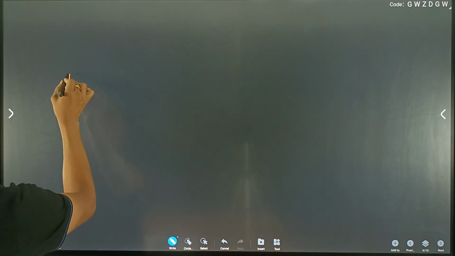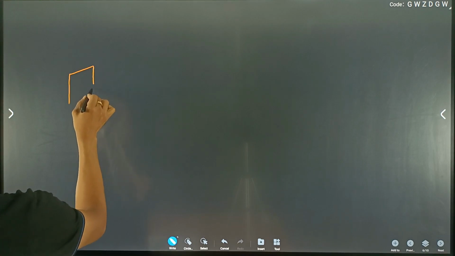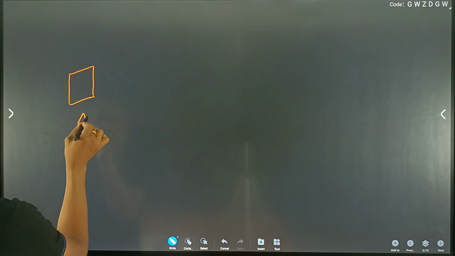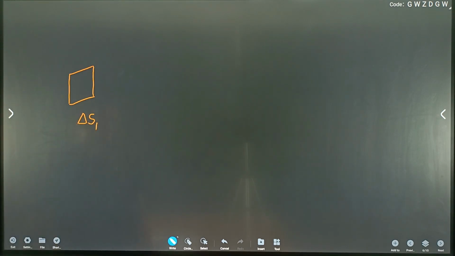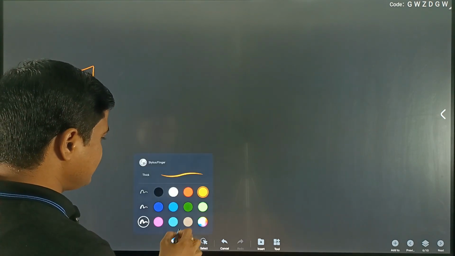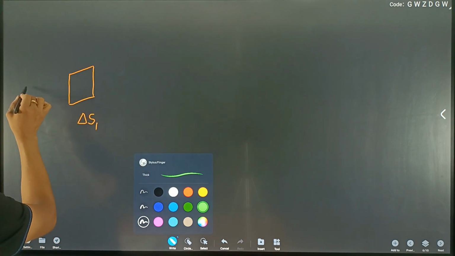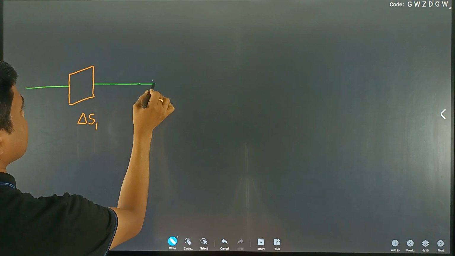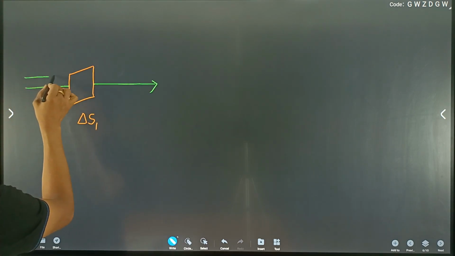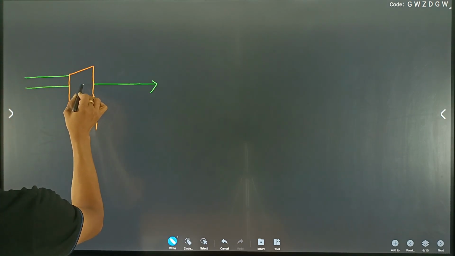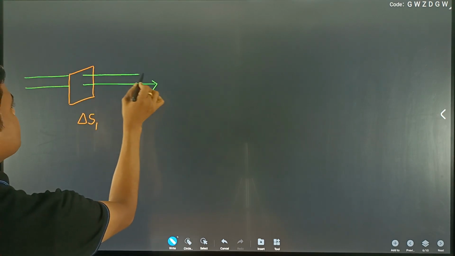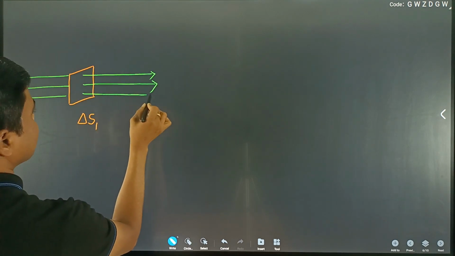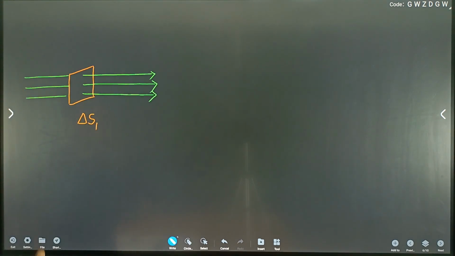Suppose we take one case. Suppose this one is a small area element. We write suppose that is del S1, first case, and these are the electric field lines. These are the electric field lines passing through this small area element.